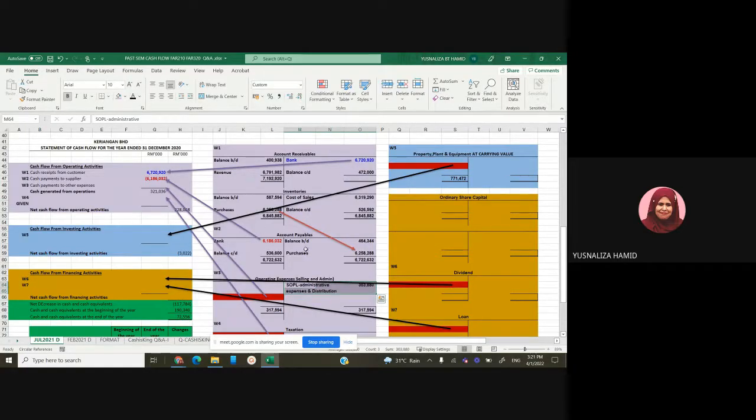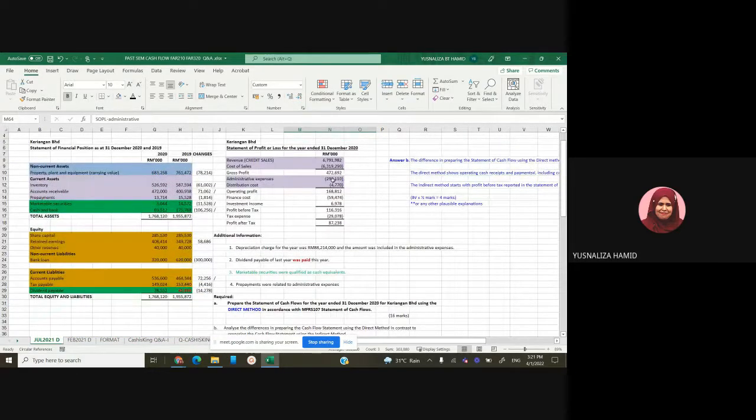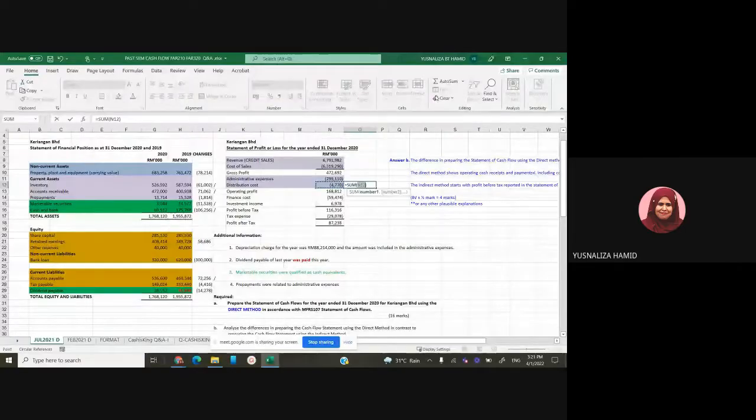Where do we get this? Selling admin, the total 303880 is from here. The two totals here. So if you take this and you sum them, you will get the total 303880. So that is the one that you will show here.